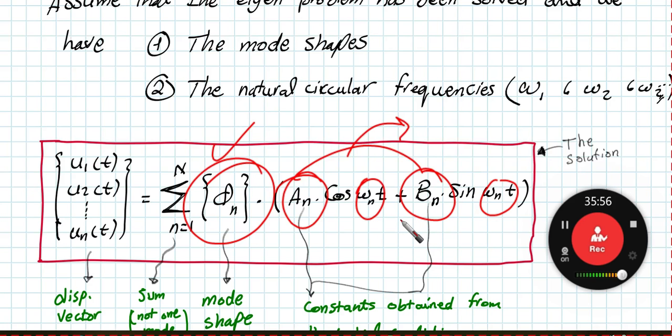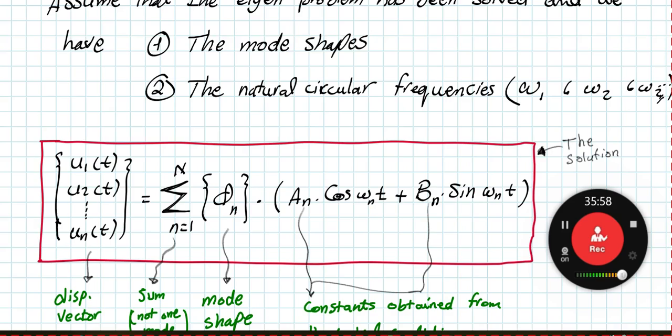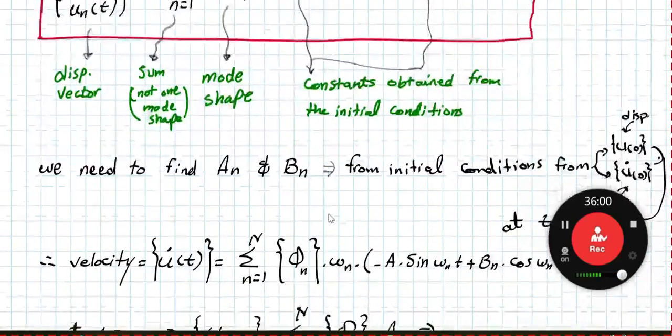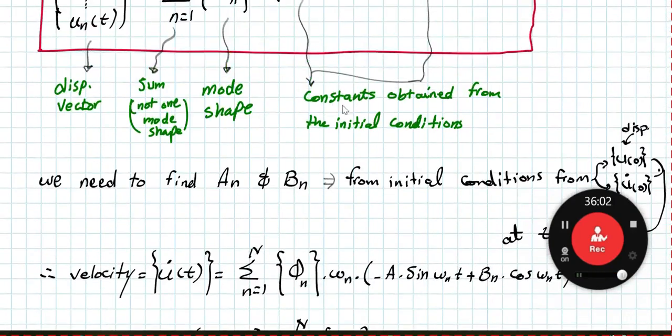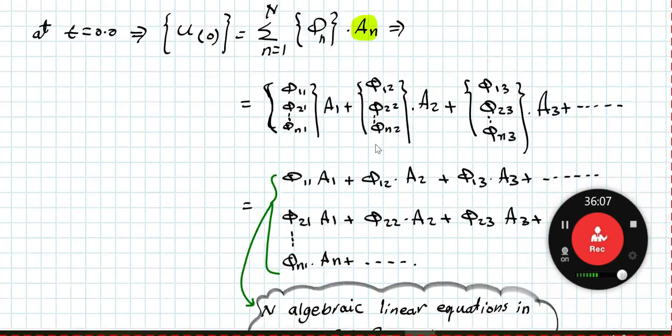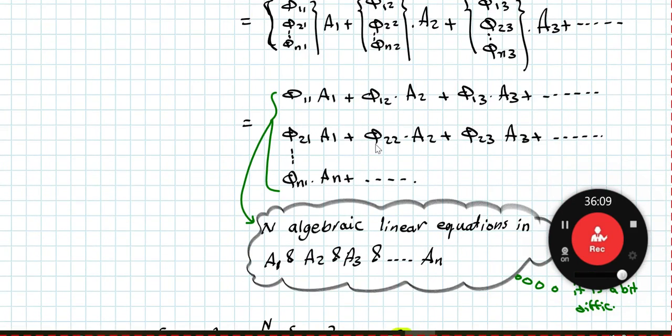When we tried to solve this, we found that there is a problem here, because we are going to have a set of algebraic equations to solve for our an and bn.